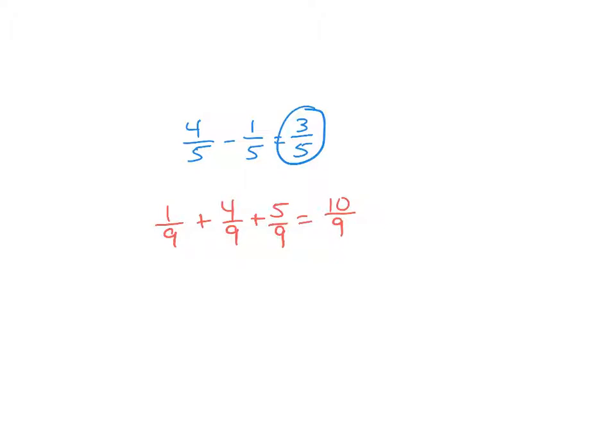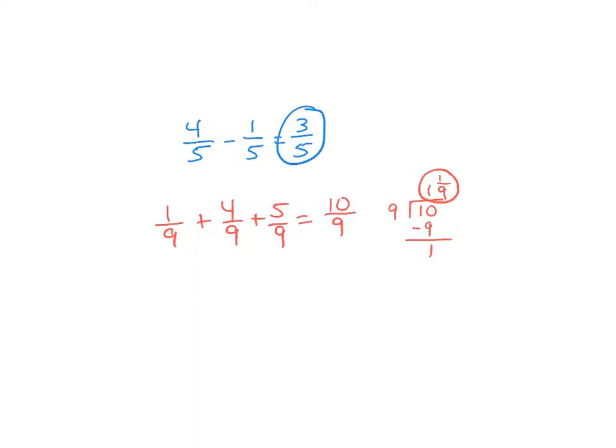Remember, I can't leave it 10/9 because that is an improper fraction, so I'm going to change that by dividing 10 by 9. 9 goes into 10 one time. I am going to multiply. 10 minus 9 gives me 1. So my fraction is 1/9, and the final answer to that is 1 1/9.